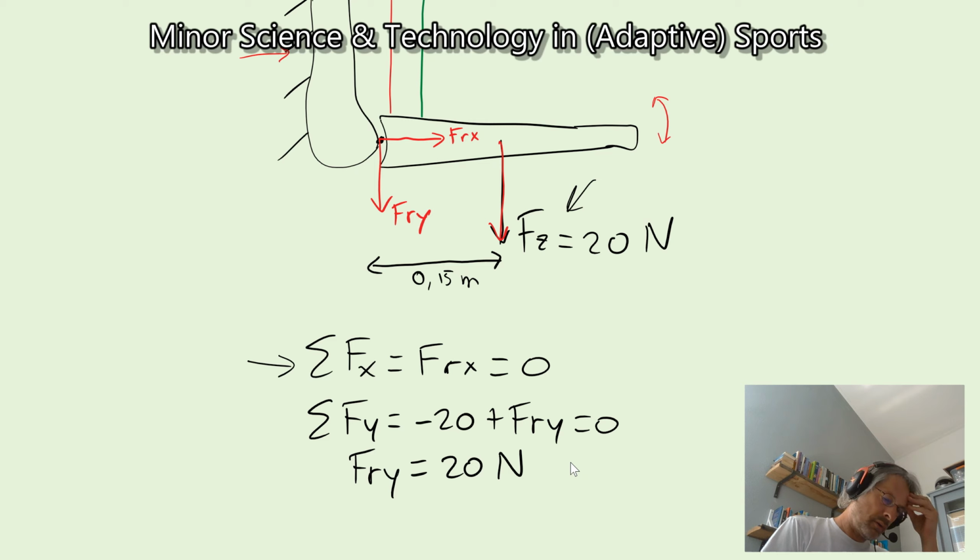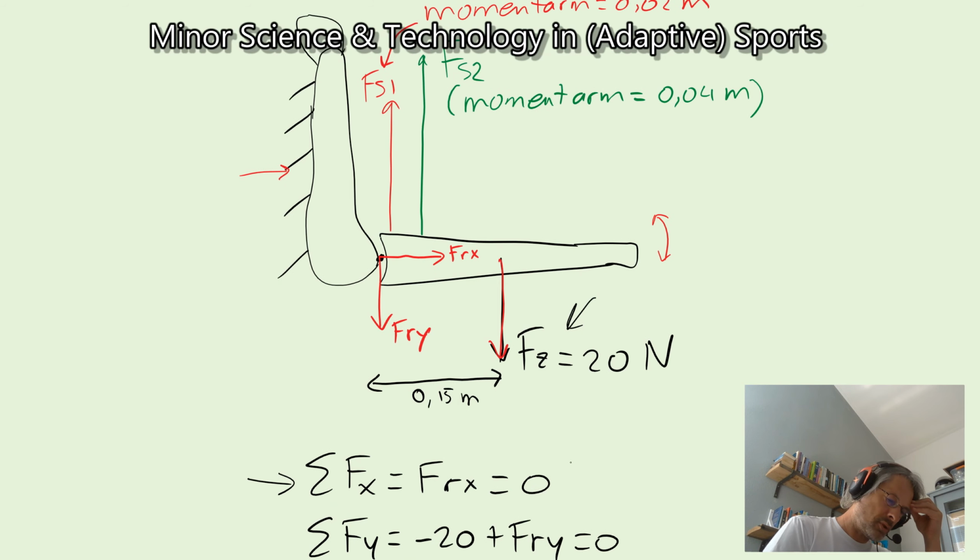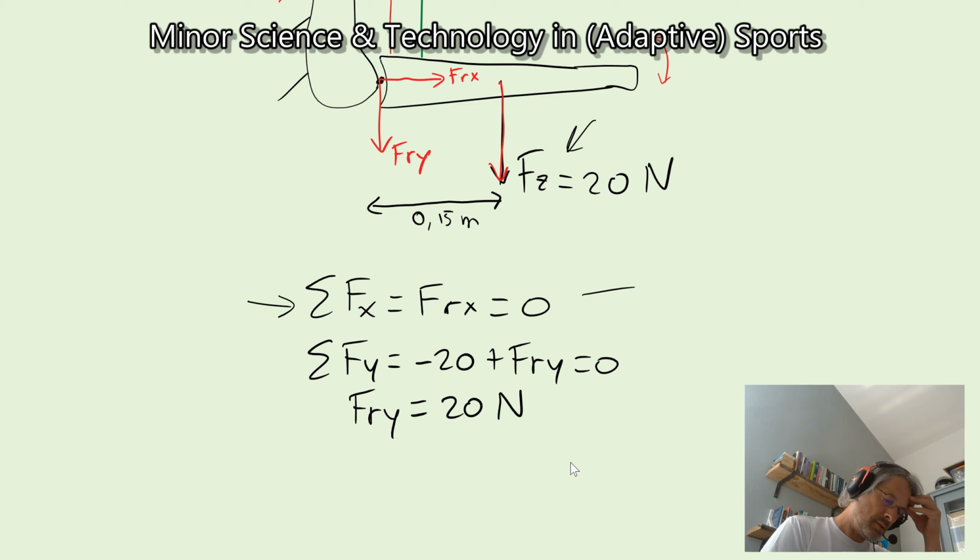Well, there is only one force because there's also a force in the joint. That's a bone-to-bone contact. And there's a horizontal component Frx and a vertical component Fry. And the Frx is the only force that is applied to the lower arm. So if you want to have equilibrium, then it should be 0, as this equation tells us.